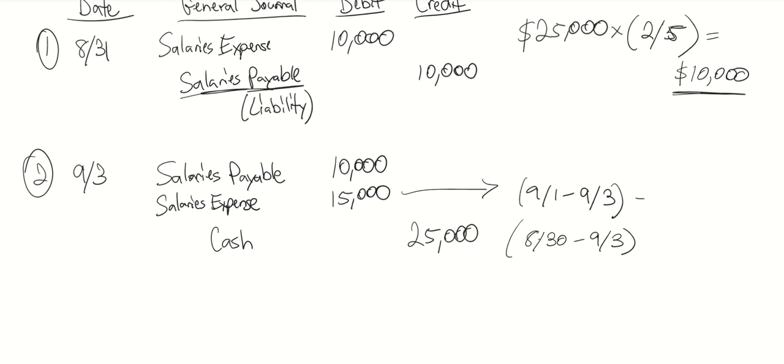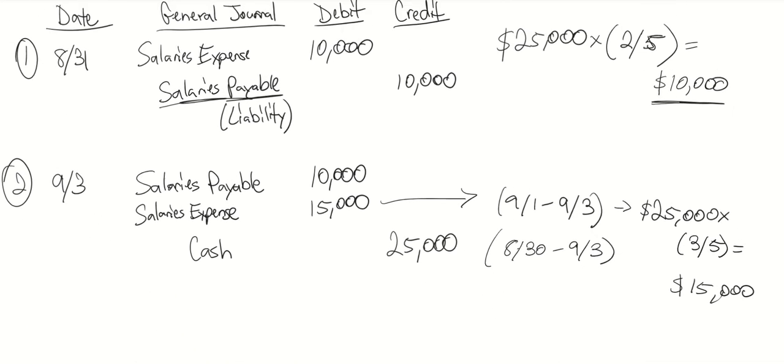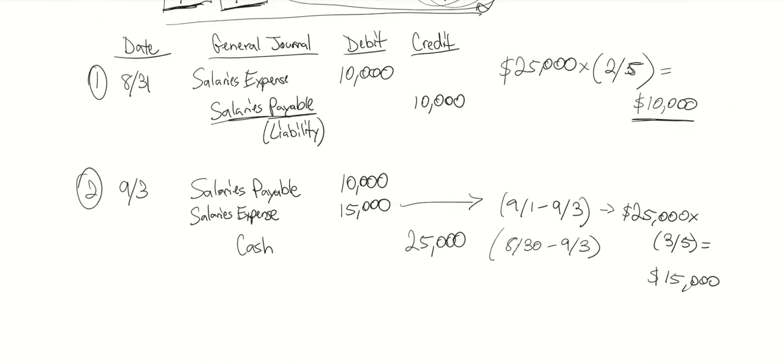That's the 25,000 multiplied by the 3 days, which gives us $15,000, indicated right here for these 3 days. So this was an example of accrued expenses.